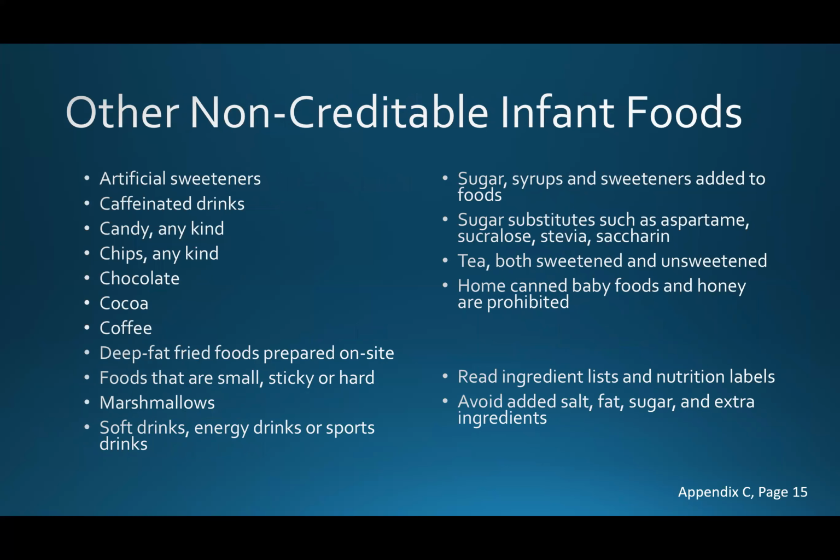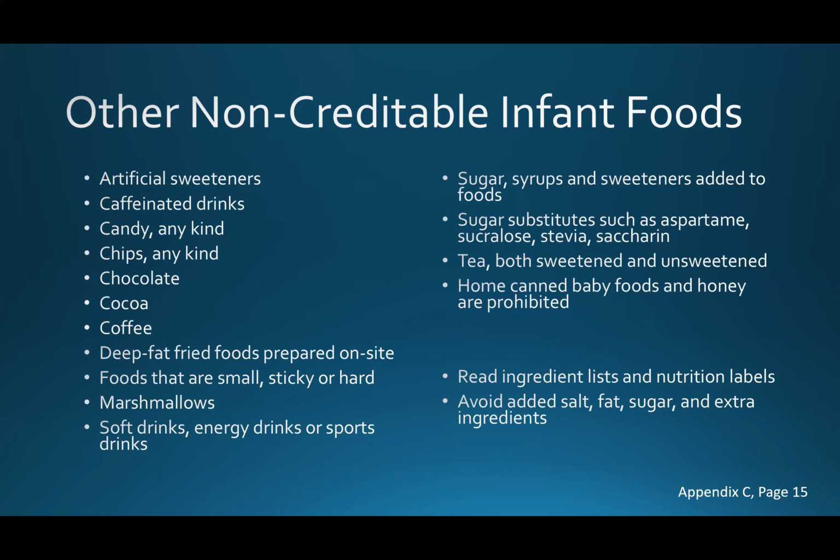Other non-creditable foods are listed in the manual. These include artificial sweeteners, caffeinated drinks, candy of any kind, chips of any kind, chocolate, cocoa, coffee, deep fat fried foods prepared on site, foods that are small, sticky, or hard, marshmallows, soft drinks, energy drinks, or sports drinks, sugar, syrup, and sweeteners added to foods, sugar substitutes such as aspartame, sucralose, stevia, and saccharin, and tea, both sweetened and unsweetened.